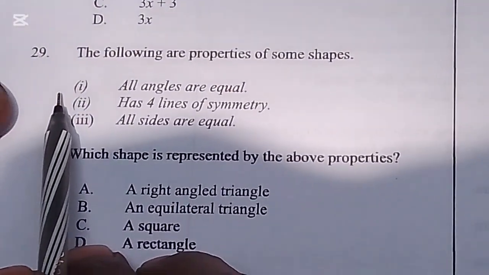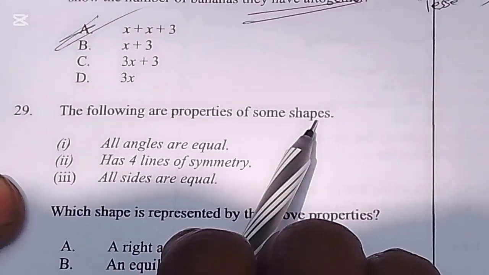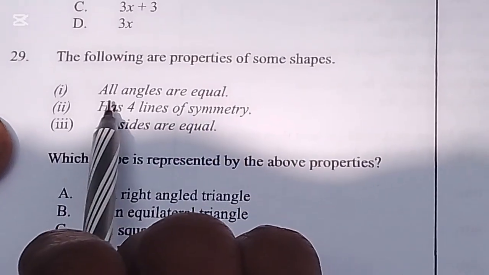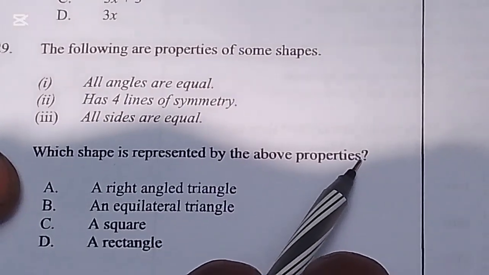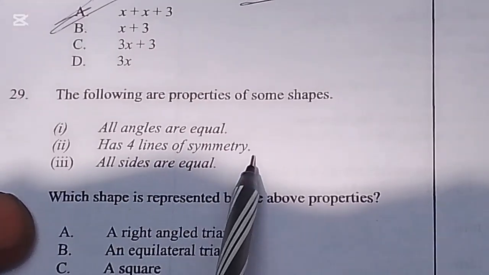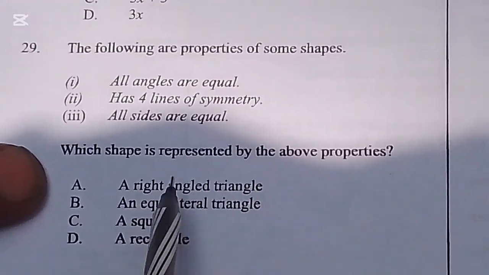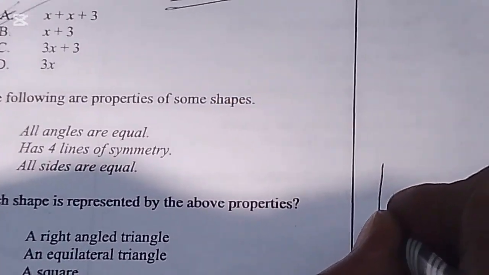29. The following are properties of some shapes. Which shape is represented by the above properties? All angles are equal, has 4 lines of symmetry, all sides are equal. Let's see a right-angled triangle, which looks like that.